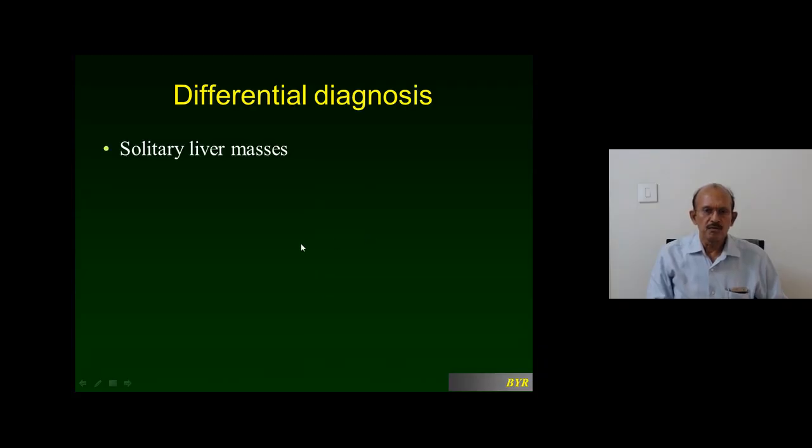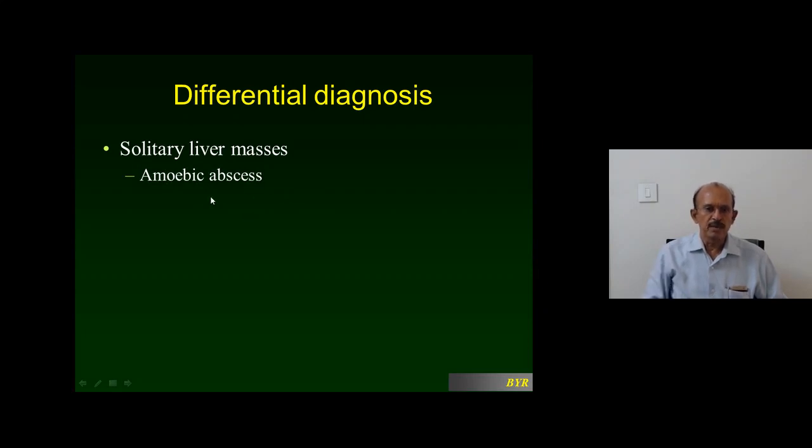Differential diagnosis of mass in the liver. Whenever you see a solid mass in the liver, clinically we will make a diagnosis of hepatocellular carcinoma, but you have to exclude the differential diagnosis of solid mass in the liver. It may be a solitary liver mass. It can be due to amoebic abscess.